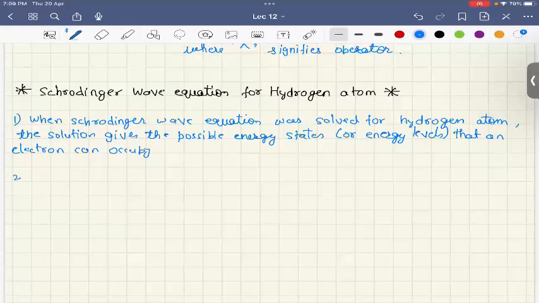And these values are called eigenvalues.